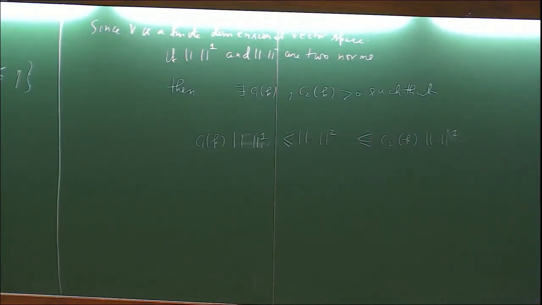In other words, all the norms are equivalent. Therefore, the topology defined by any two norms is equivalent.